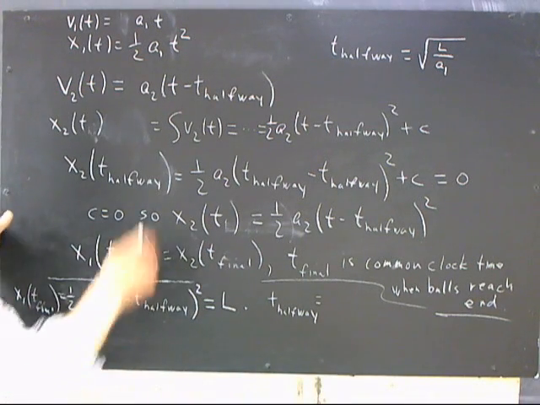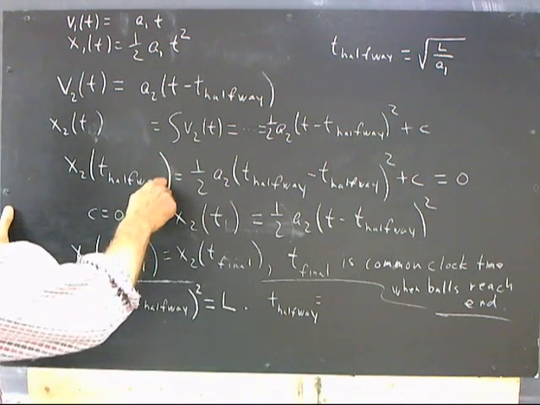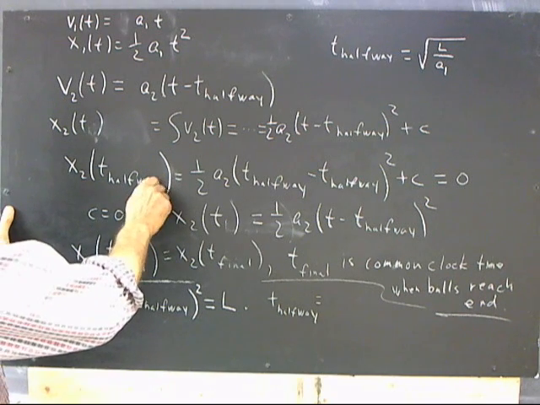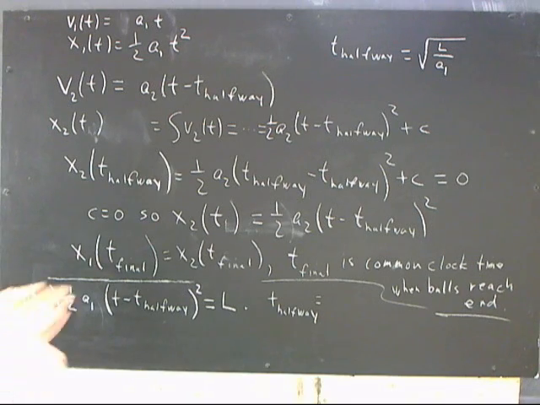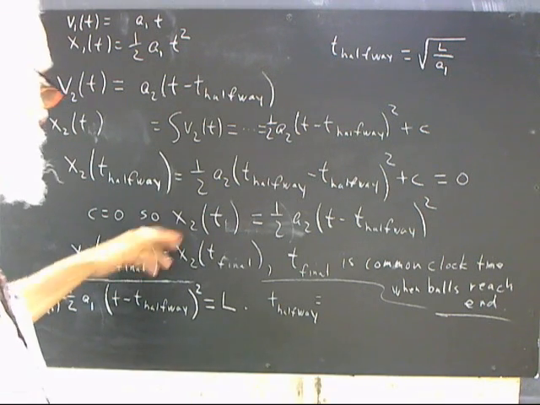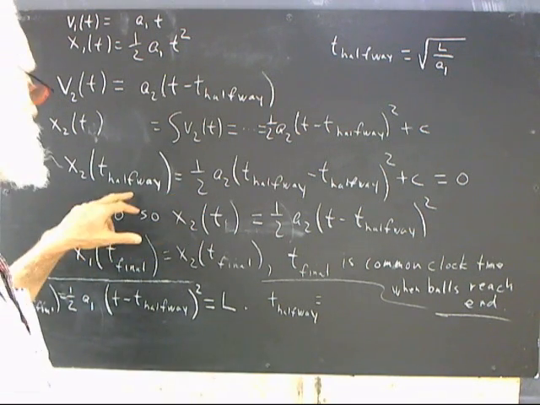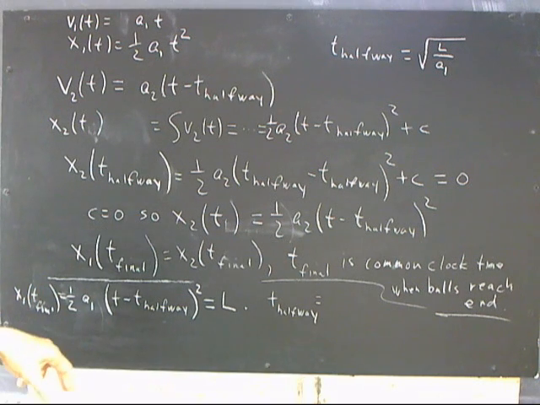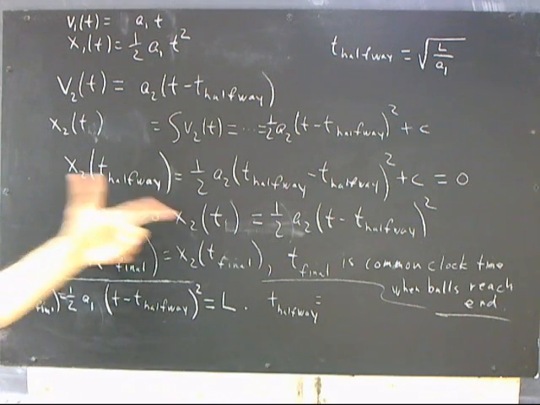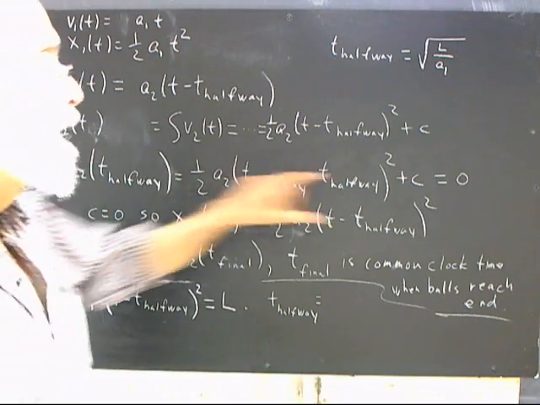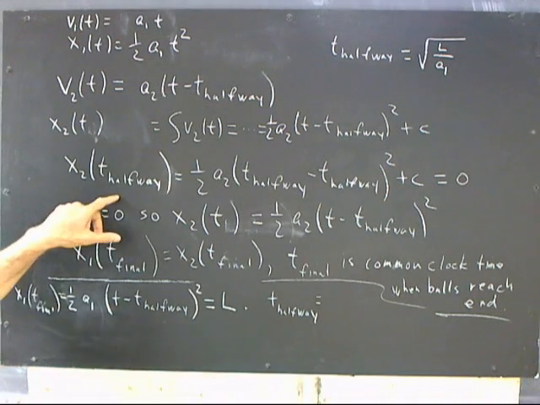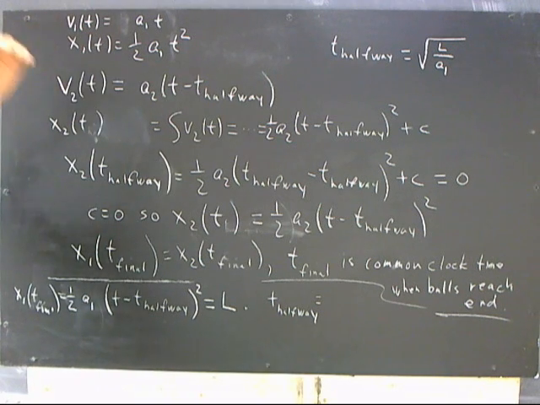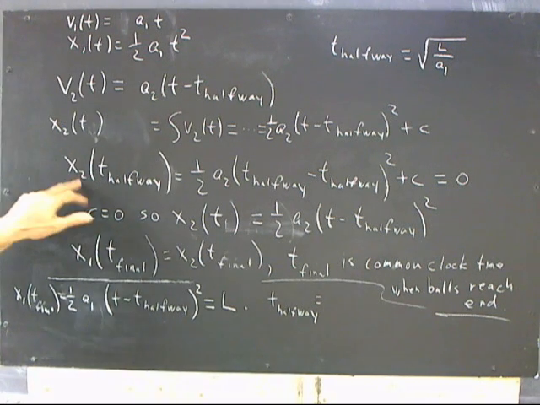Now, what's our initial condition? x2 of t halfway, which is again a time that we can determine at any point, has to equal 0. So x2 of t halfway is 0. What does this mean again? At t halfway, which is when the first ball is halfway down its ramp, we release the second ball from the top of its ramp.